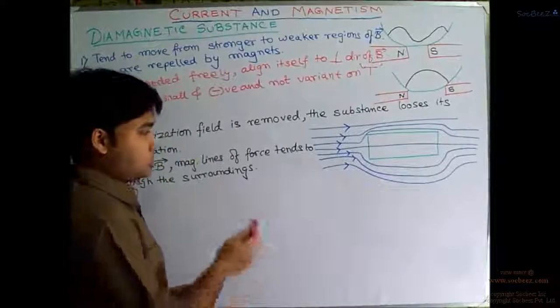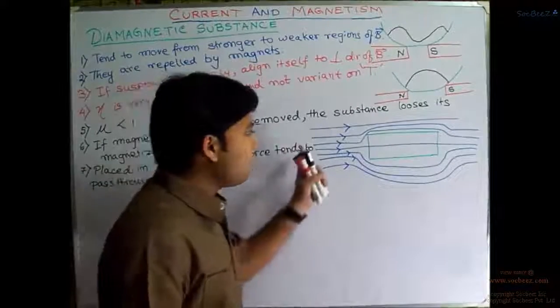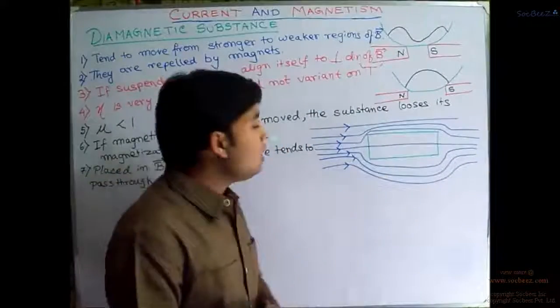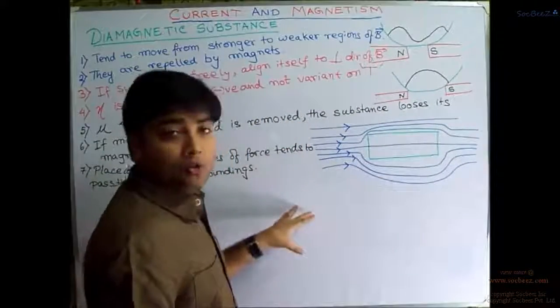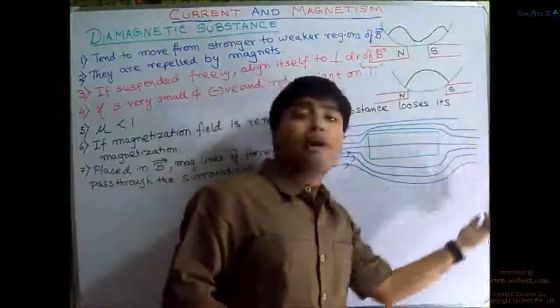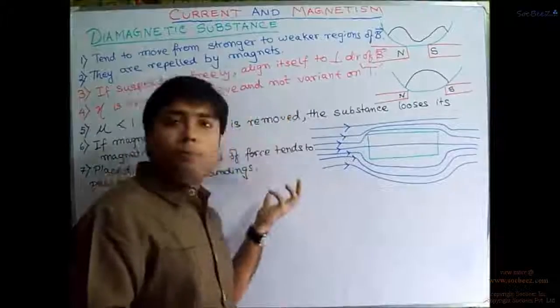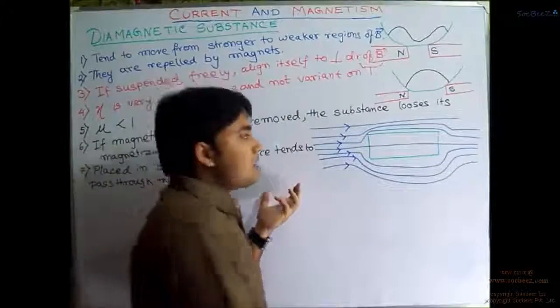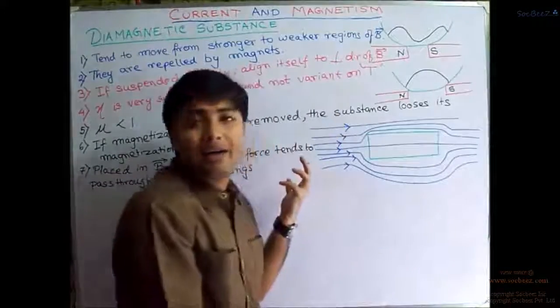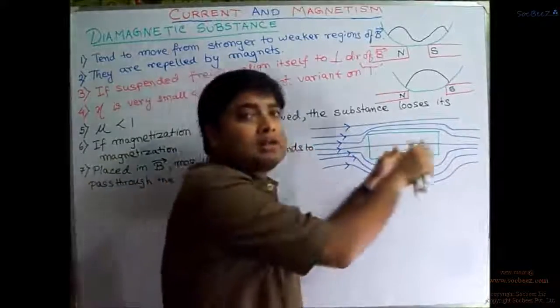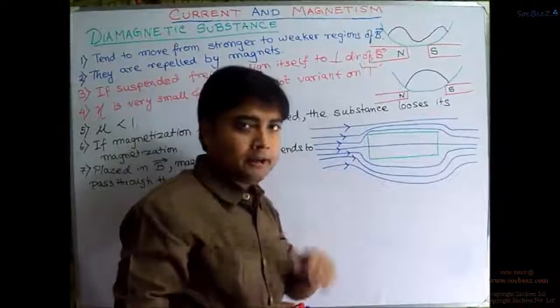If you see the lines going like this, obviously there would be an electromagnet or a strong magnet over here, with the north pole of this and the south pole of another magnet. Then only this magnetic line of force will travel in this direction, right?